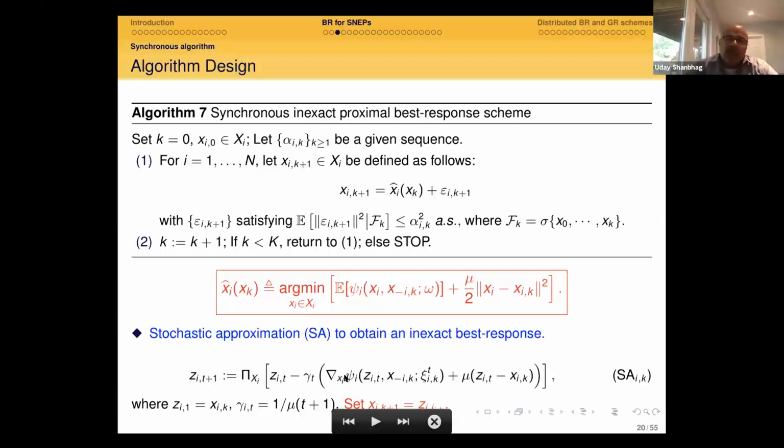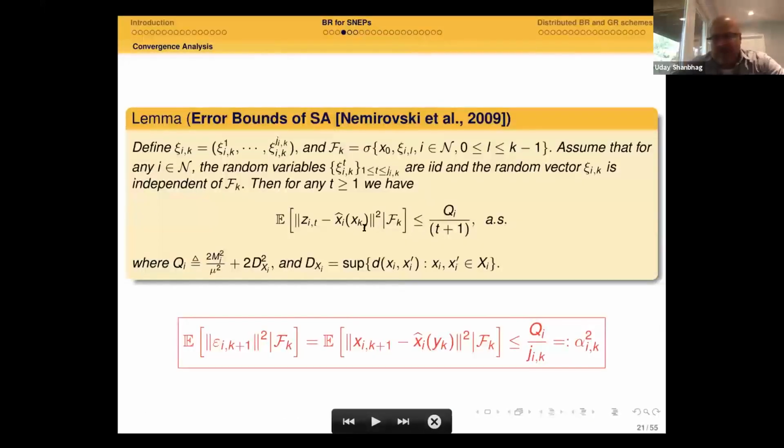So this is the result I was pointing to. This is from the seminal volume by Shapiro, Ruszczynski, and Dentcheva.